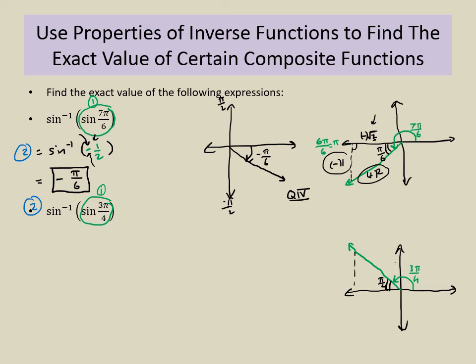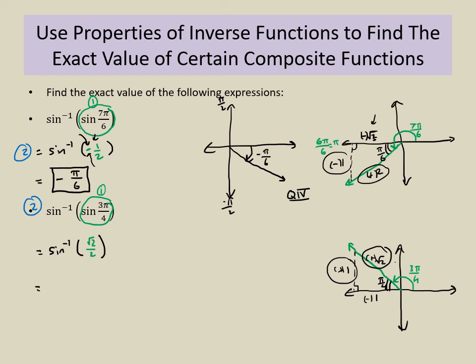To find the sine of that angle, the ratios are 1, 1, square root 2. This is in the negative direction, this is in the positive direction, this is positive as well. So sine is going to be positive 1 over square root 2, or square root 2 over 2. So we have the inverse sine of square root 2 over 2.